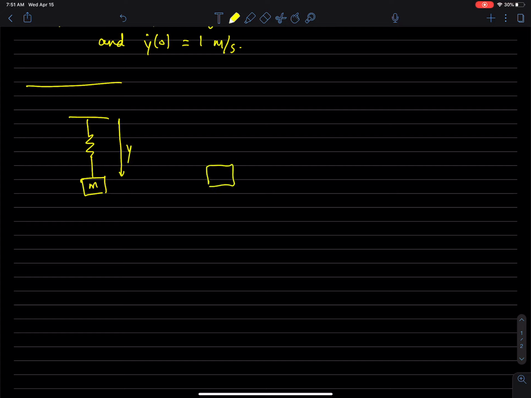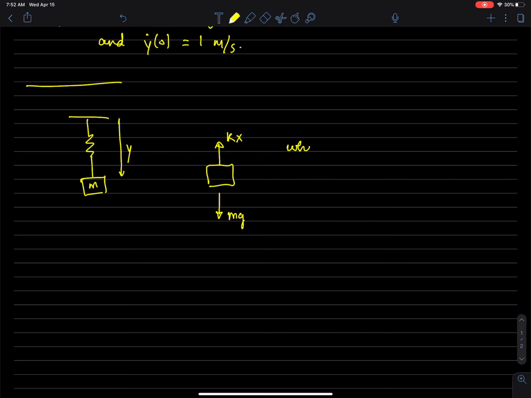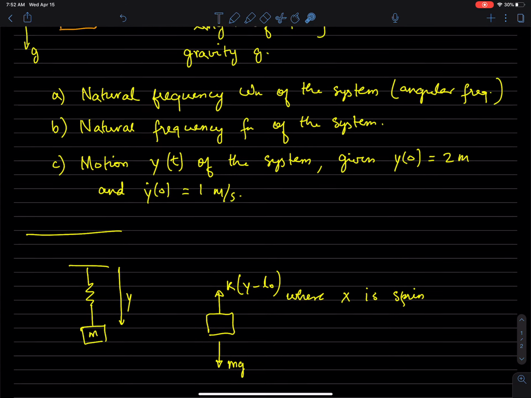Let's draw the free body diagram. M, and of course we have mg downward, and we have k times the spring stretch upward. Let's call it y minus L naught, which is the spring stretch. Okay, so y is the total length of the spring, and L naught is the unstretched length of the spring as given here.